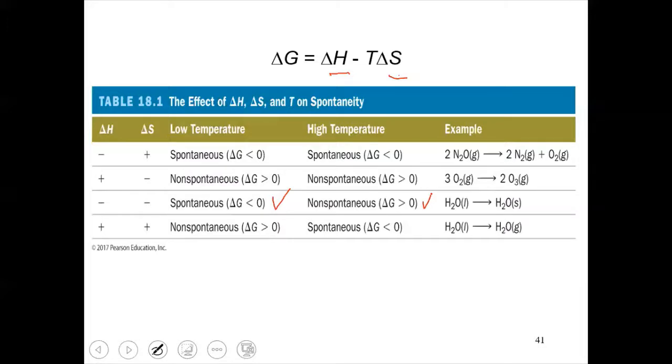We know that if you want to freeze water, you have to do it at low temperature, right? Water's not going to freeze at 60, 70 degrees Celsius, but it'll freeze at zero, at low temperature. And you can see where at a low temperature, the process is spontaneous, even though it proceeds with a decrease in entropy. Remember, the liquid to solid transition decreases entropy.